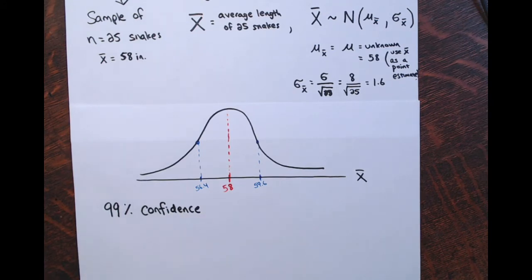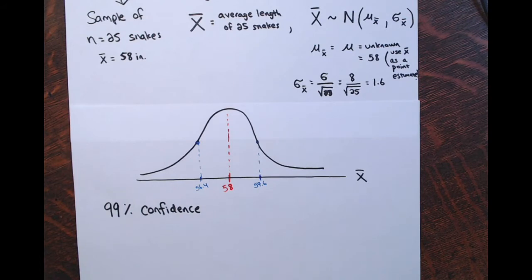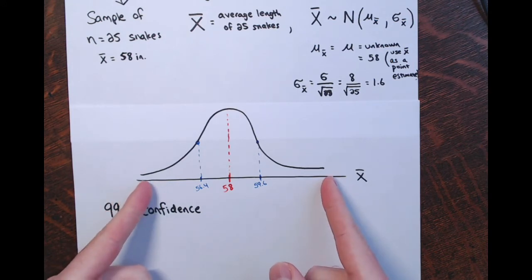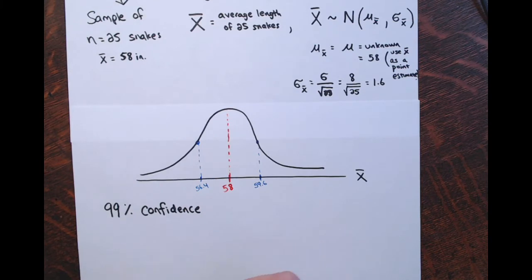That means instead of going to just 1 standard deviation above and below the mean, I have to go more than 1 but less than 3. Because remember, 3 standard deviations above and below was 99.7%, and 2 standard deviations above and below was 95%. So between 2 and 3 standard deviations.